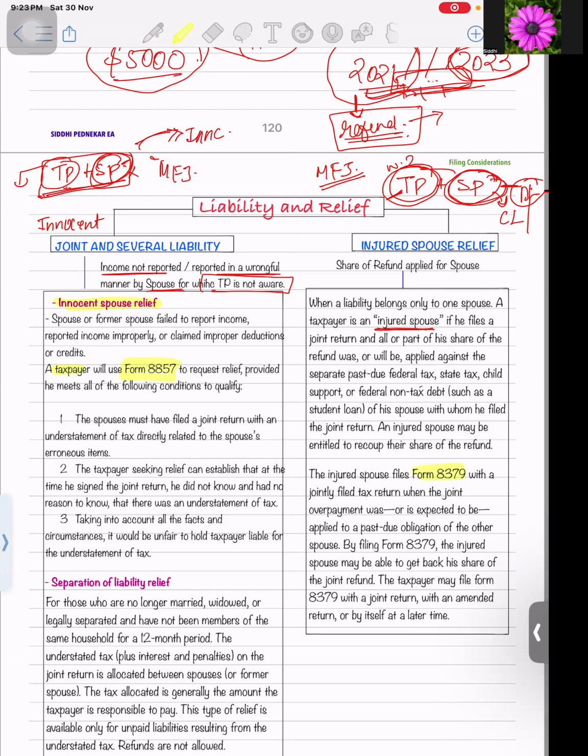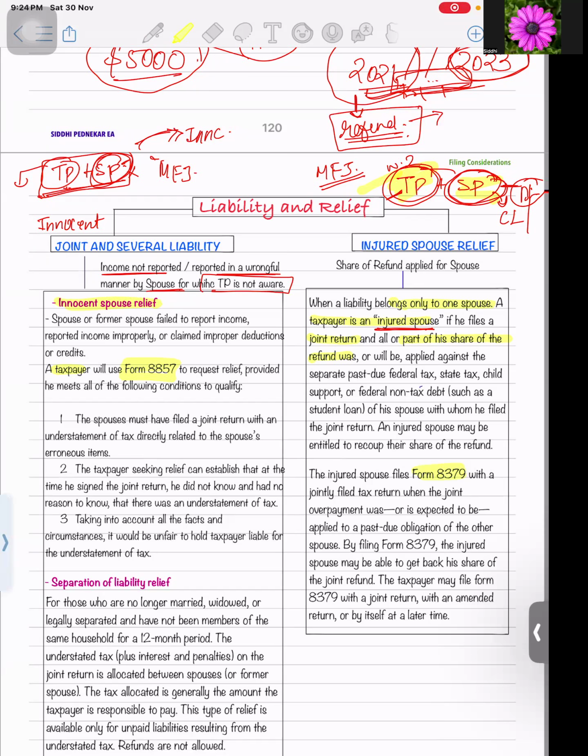So when the liability belongs to only one spouse, okay, the taxpayer is injured. If he files a joint return and his share of the refund is getting applied against the spouse, then this person will be considered as an injured spouse. Clear, guys? I hope injured and innocent spouse are clear.